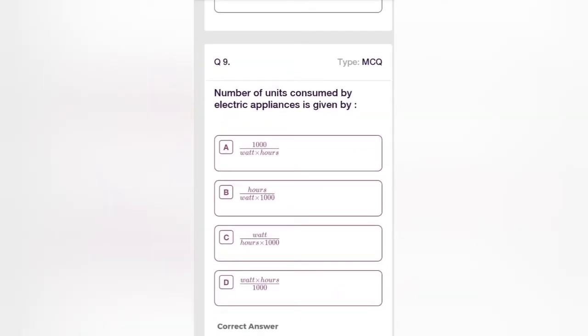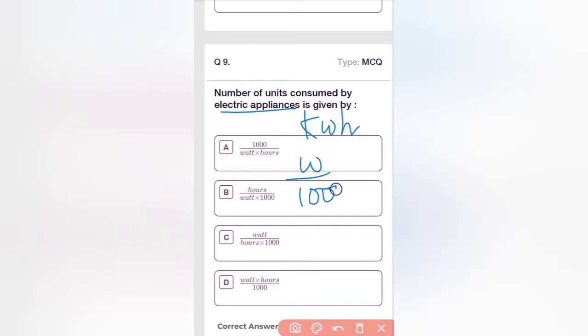Number of units consumed by electrical appliances is given by. We know usually electrical appliances will be rated in kilowatt hour. So watts divided by 1000 into hours will give you the unit, which is in kilowatt hour.